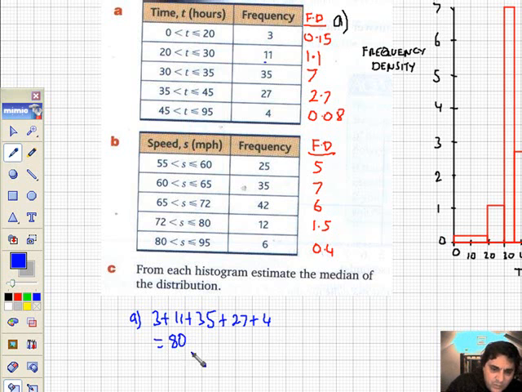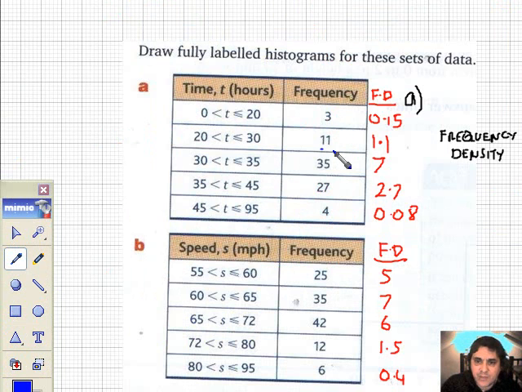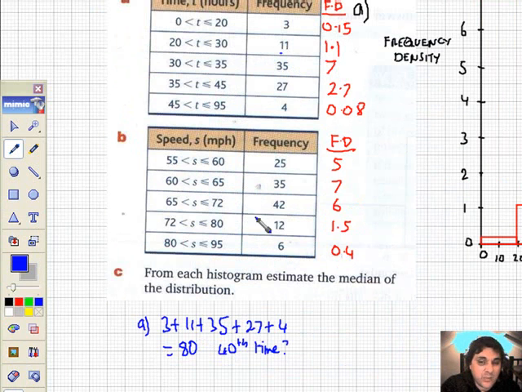So I'm looking for the 40th time, the median time. Now, first two bars give me a total frequency of 14, plus another 35 takes me up to 49. Therefore, my 40th value has got to be within this third class here.